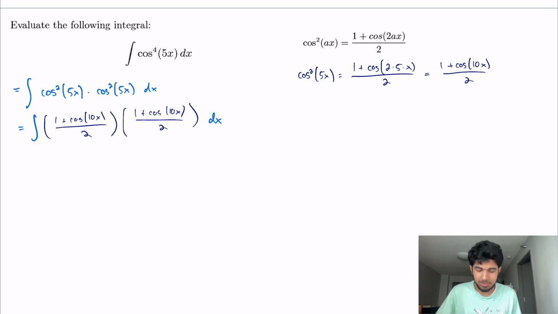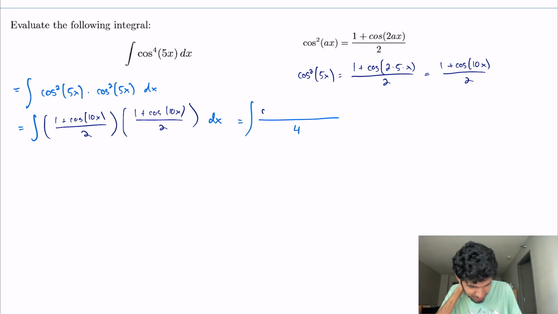Now what do we do? Let's try to multiply those two fractions just to be left with one fraction. So this will be equal to the integral of some massive thing. The denominator will be 4. 2 times 2 is 4. The numerator will be 1 plus cosine of 10x times 1 plus cosine of 10x. So you can FOIL that out, or whatever you call it.